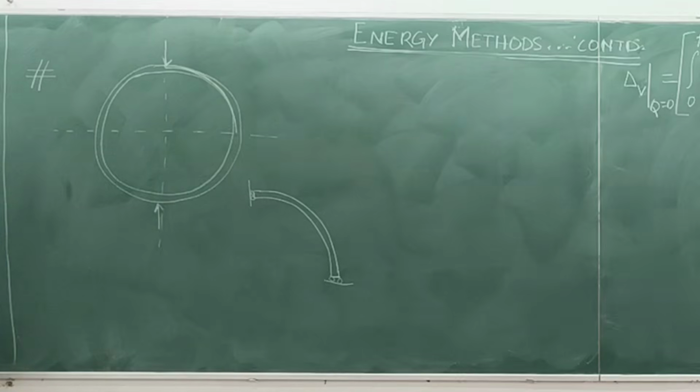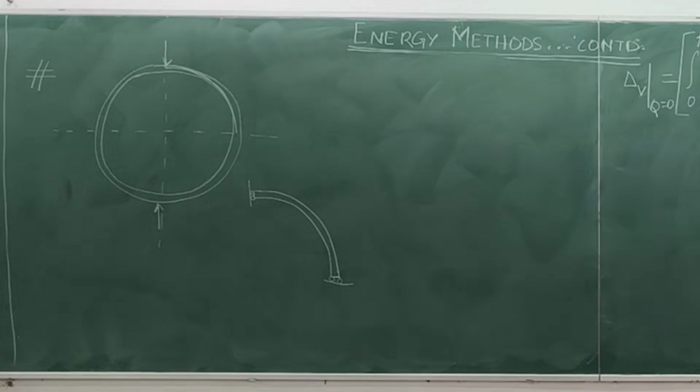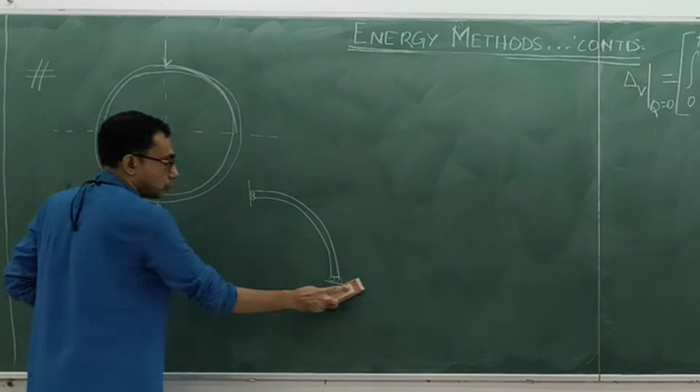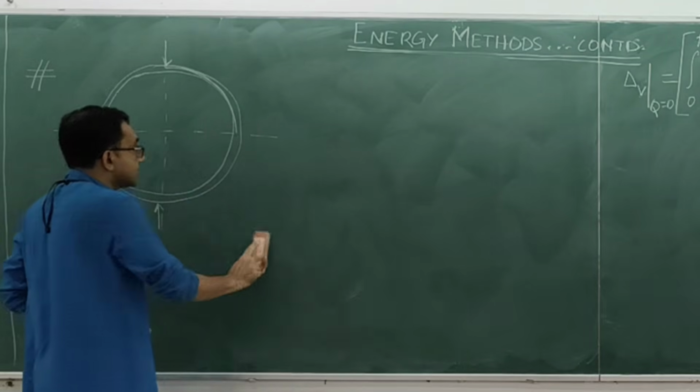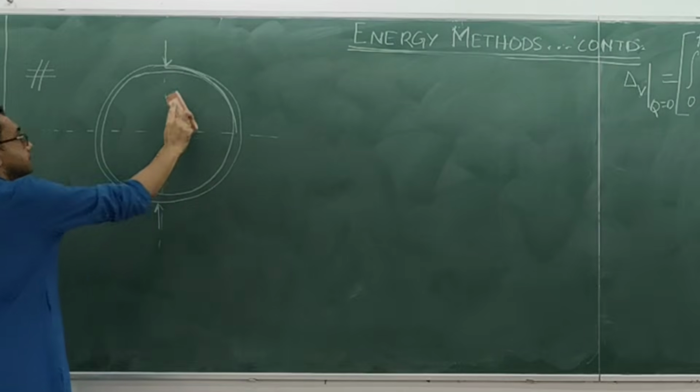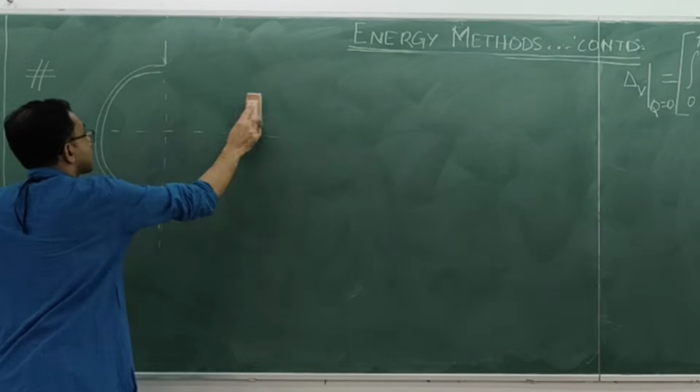Okay, one idea is this. But it can even be further simplified. So we'll not talk about this. What we'll do is, we'll take the simpler version of this problem.